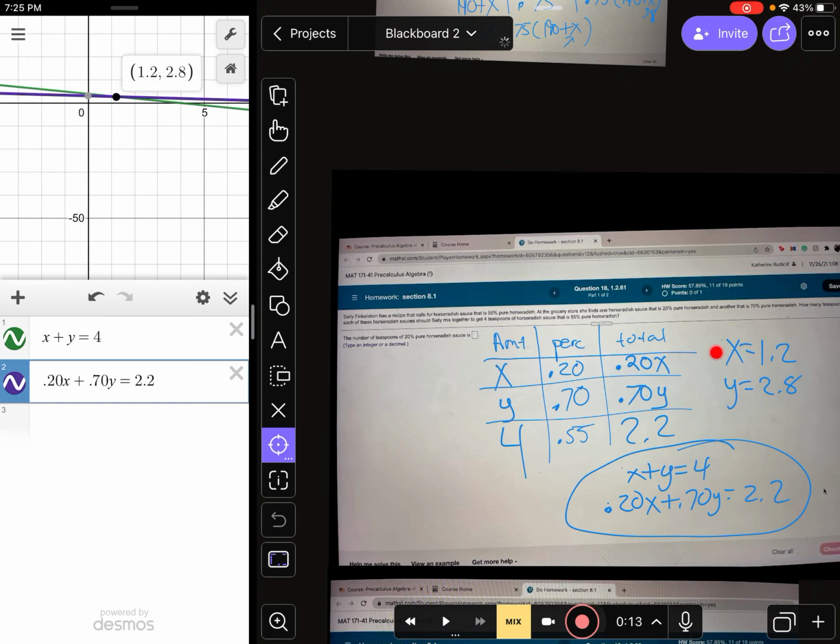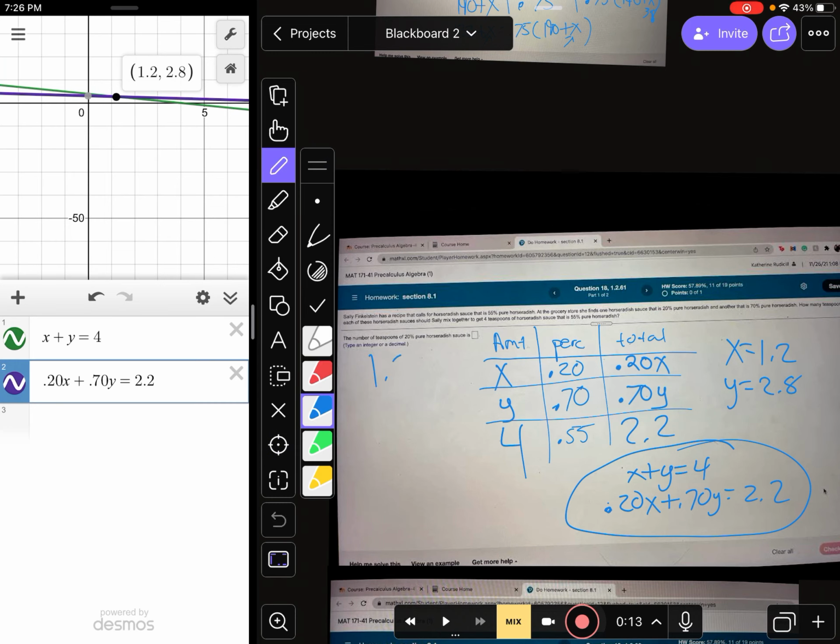So this is your answer, 1.2. She needs to buy 1.2 teaspoons of 20% horseradish. That's going to be your answer. She needs to buy 1.2 teaspoons. Here's your answer.